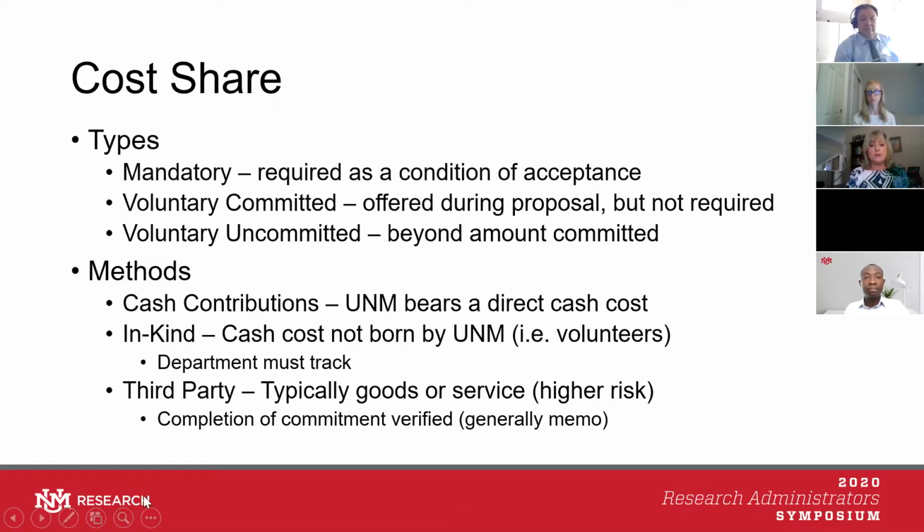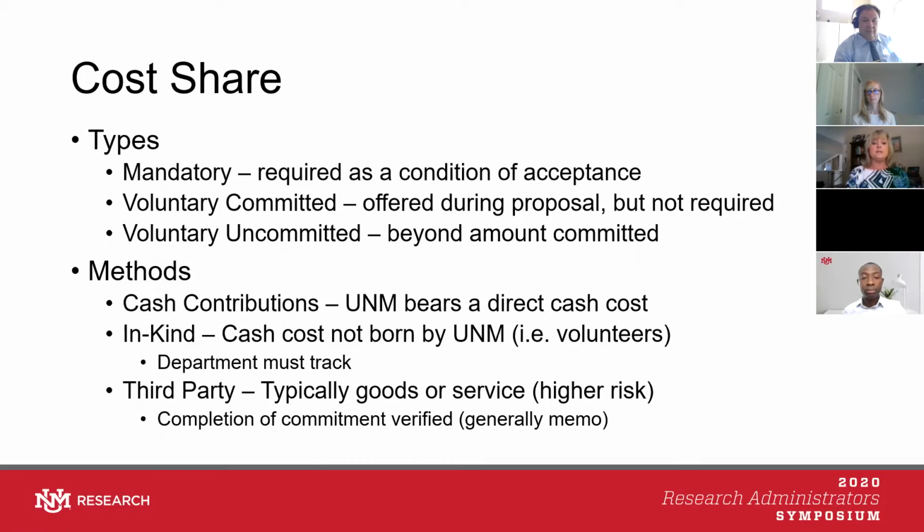We do have three types of cost share. We have mandatory cost share, and that is a cost share that is required as a condition of acceptance for your proposal by the funding agency. Voluntary committed, it's offered during the proposal, but it's not really required by the agency for you to be awarded the grant.